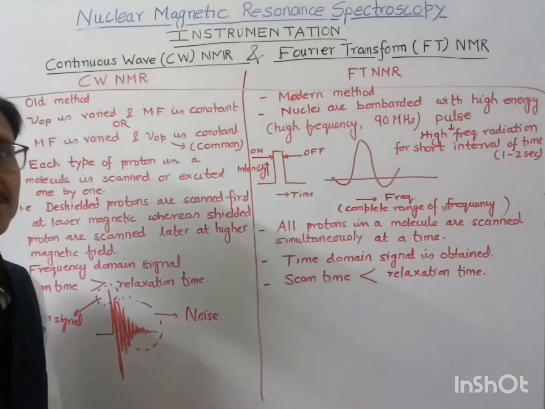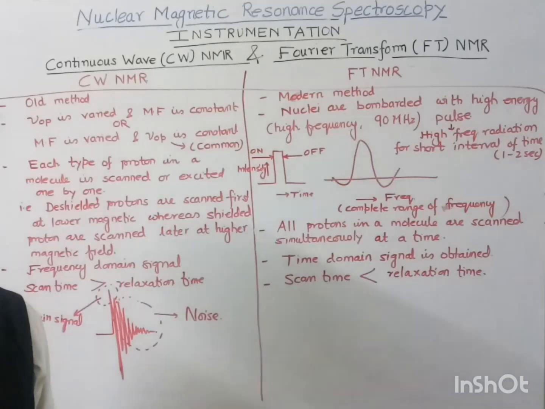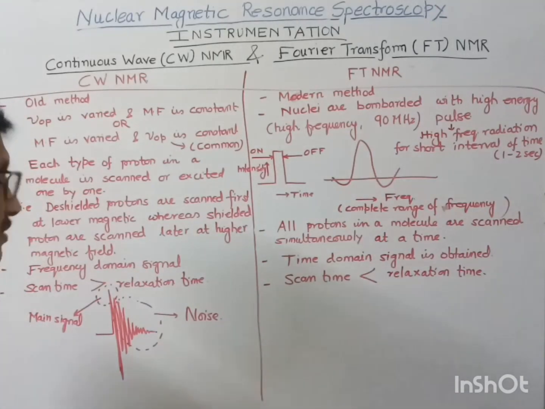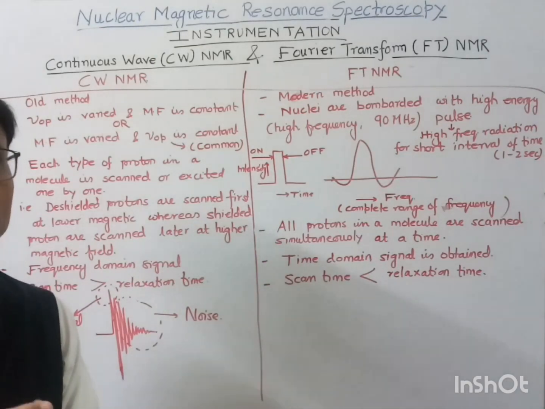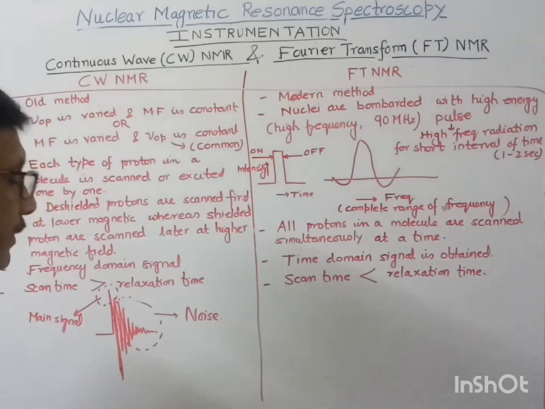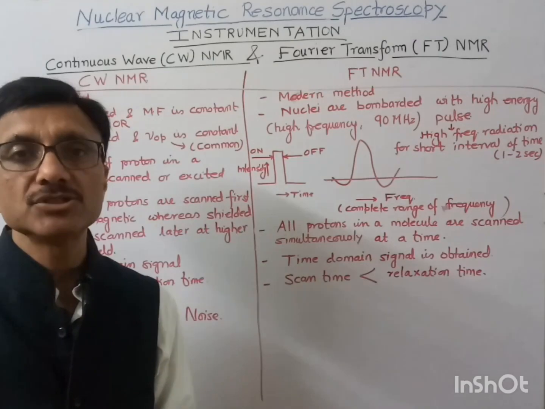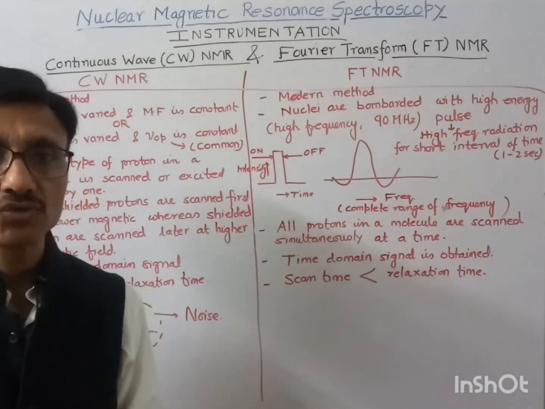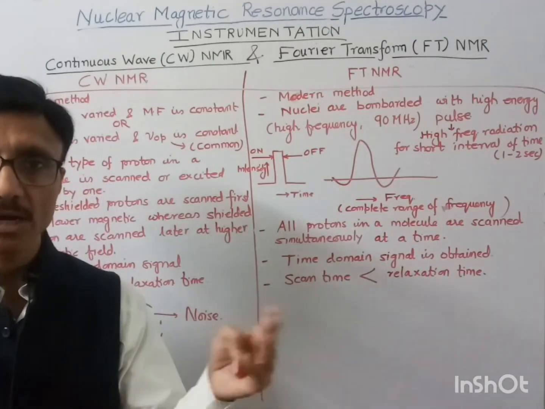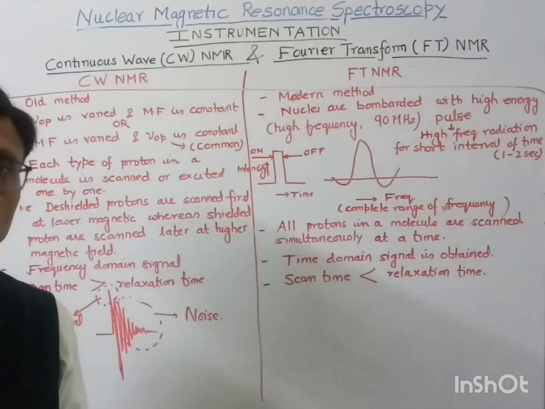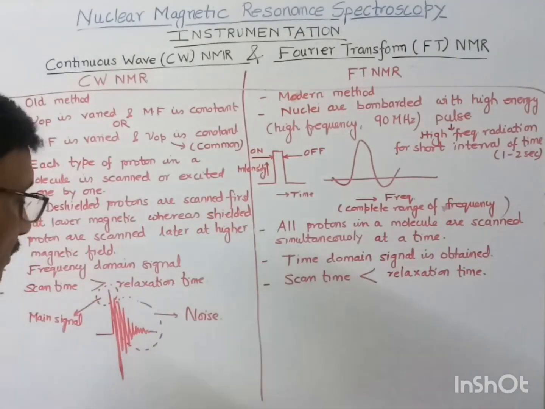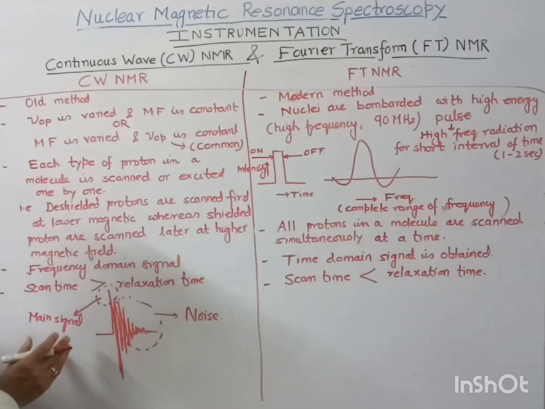In my previous lecture, when I discussed sensitivity, I discussed the signal to noise ratio, and I told you that the signal by noise ratio for any instrument should be high. If signal by noise ratio is high, then sensitivity is high, and we get a good intensity signal. Here, if you see, the signal to noise ratio is very less.